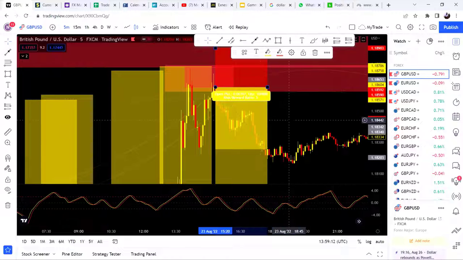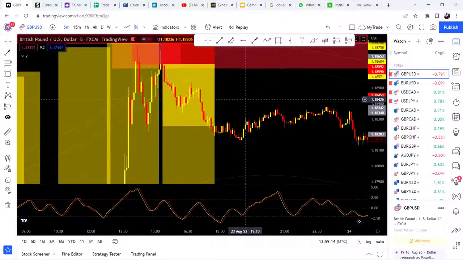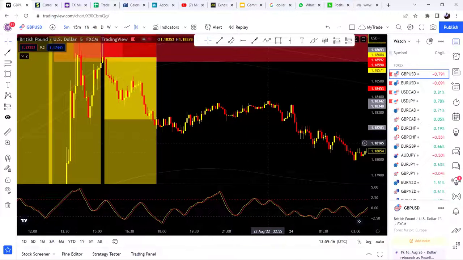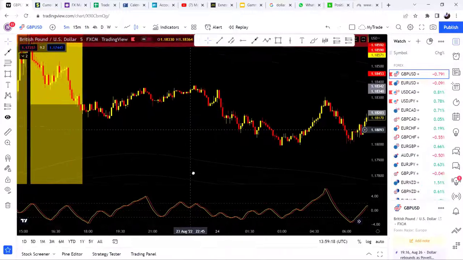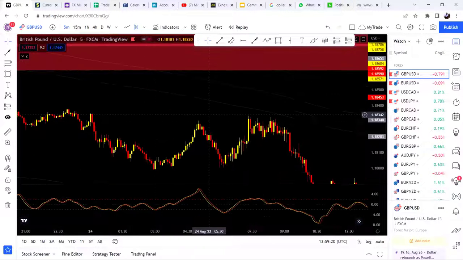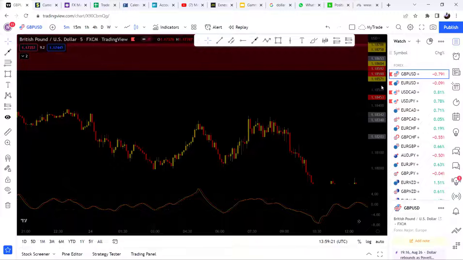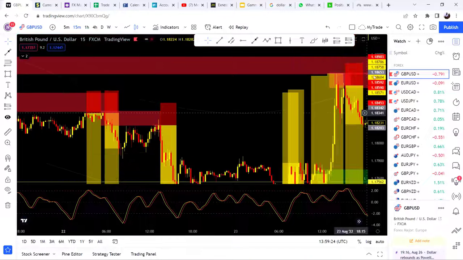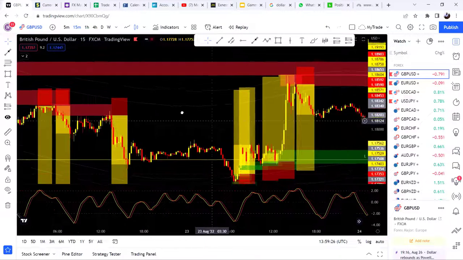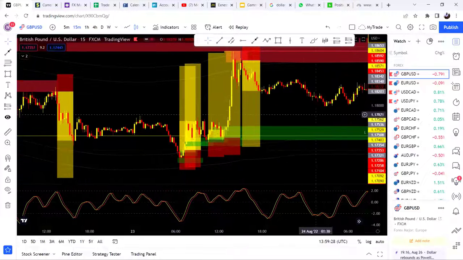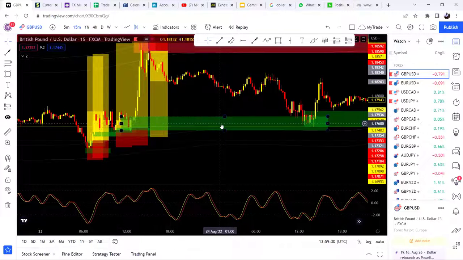Then I was tagged in, then boom. I didn't wait for my TP to hit, but that's what I did. Let me go to the 15 minutes and see if the TP would have caught some kind of hit.